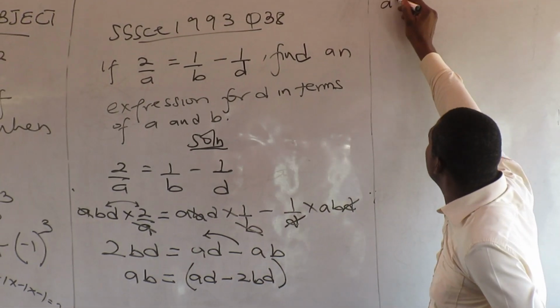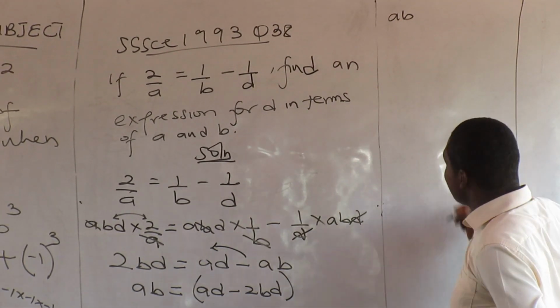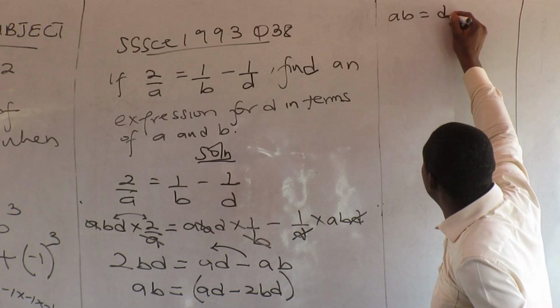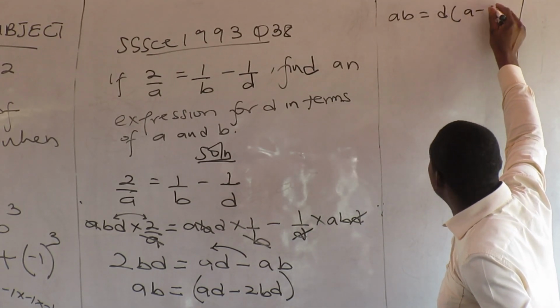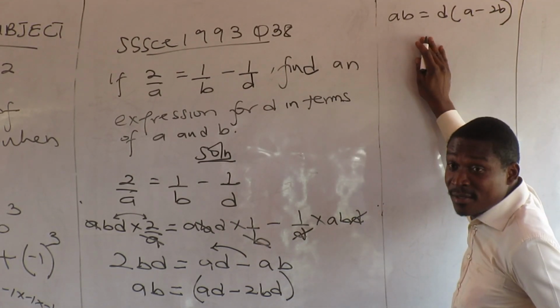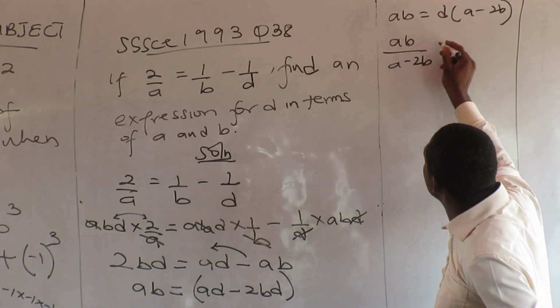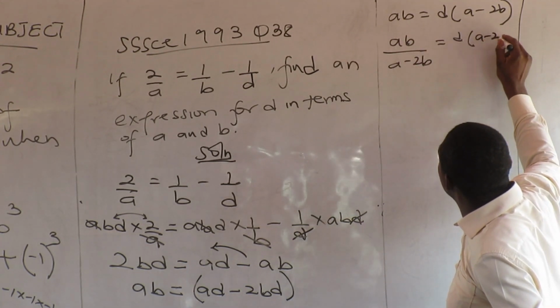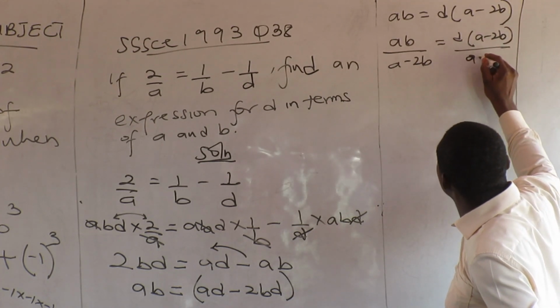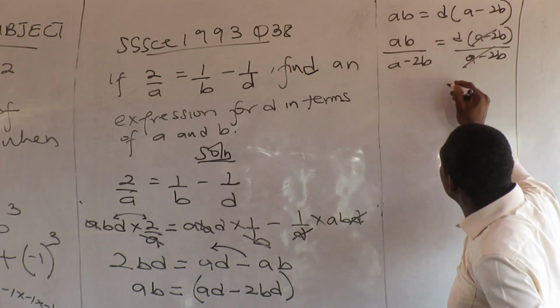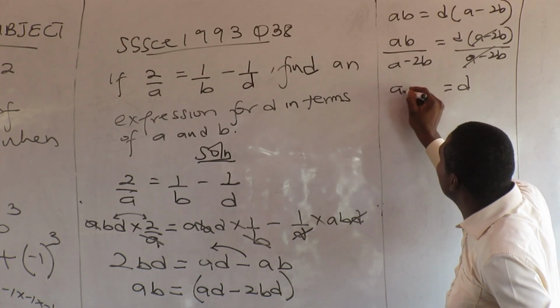So we have AB equals D times (A minus 2B). Did you see? Now, we have AB over A minus 2B equals D times (A minus 2B) over A minus 2B. I divide by that so that D can stand alone.